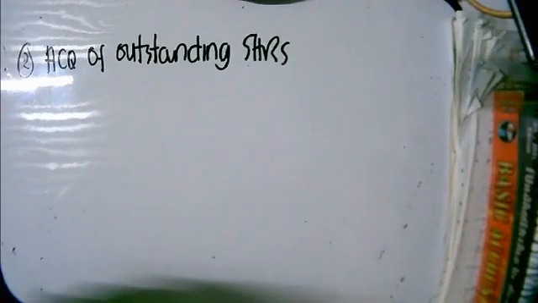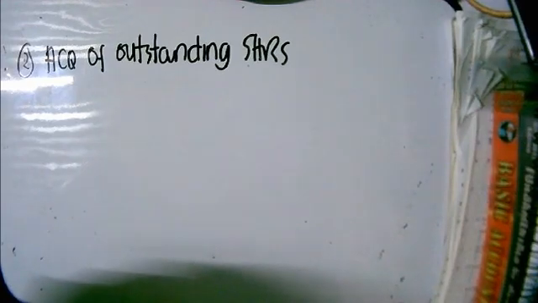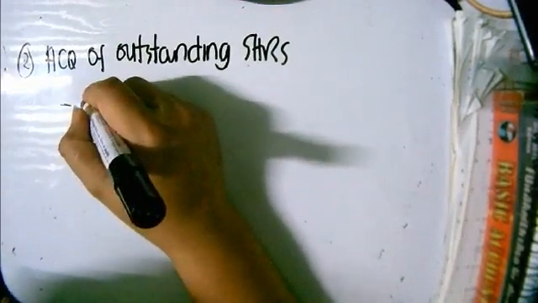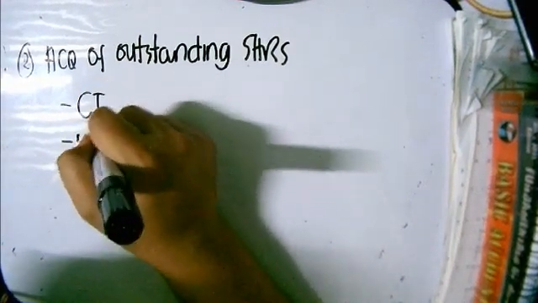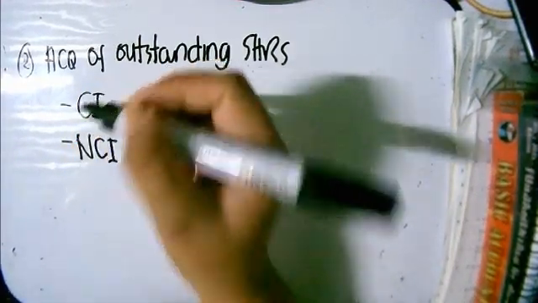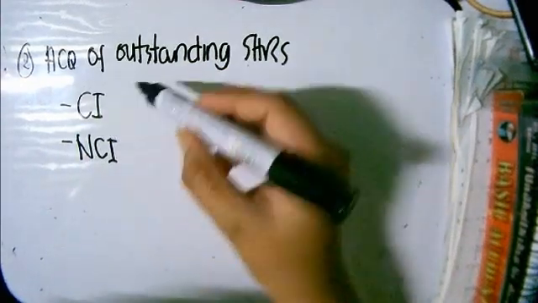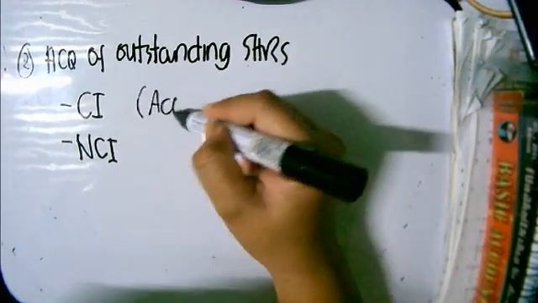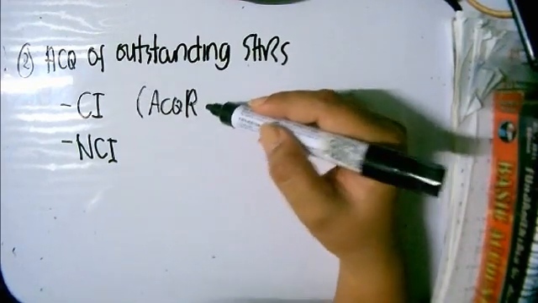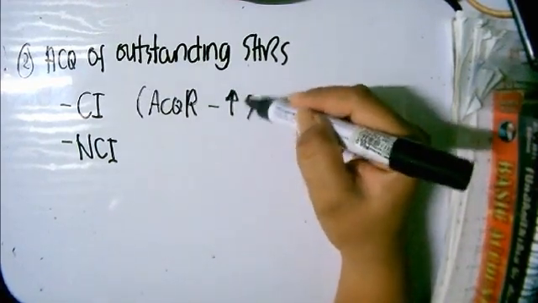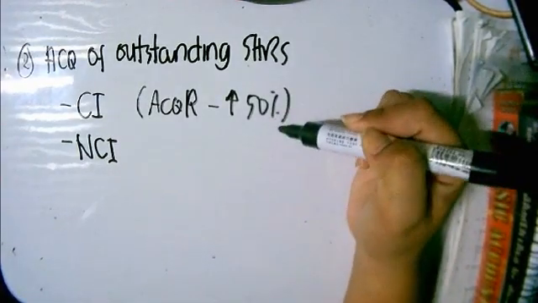Now, under naman sa acquisition of outstanding shares, yun nga kanina, meron tayong tinatawag na controlling interest and meron tayong tinatawag na non-controlling interest. So, si controlling interest, siya ngayon yung acquirer kasi nga, yung in-acquire niya na shares is more than 50%.